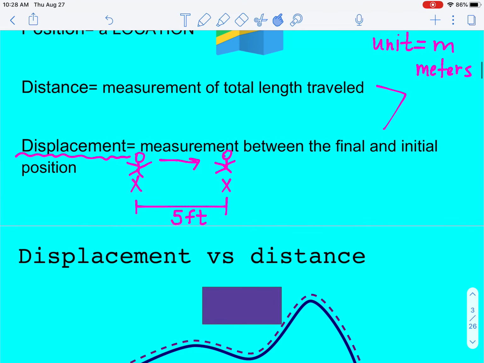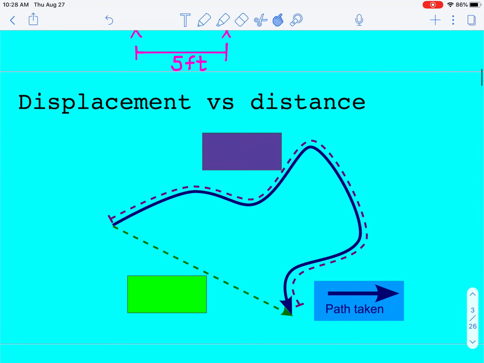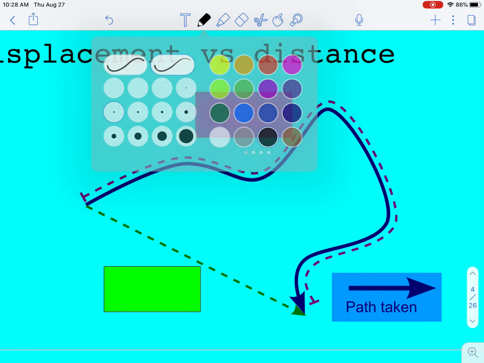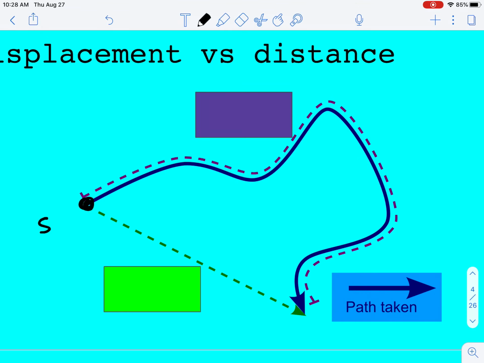So let's take a look and see how displacement and distance can be different in some cases. So let's say this is our route. This was our starting position. We then went along that blue line as the path taken, and this is where we ended. Well, you can see that purple dotted line follows our path taken. Would that be our distance or would that be our displacement?